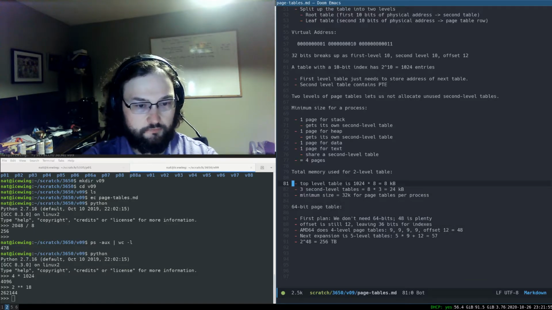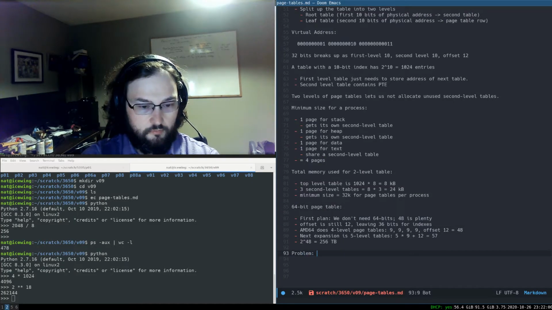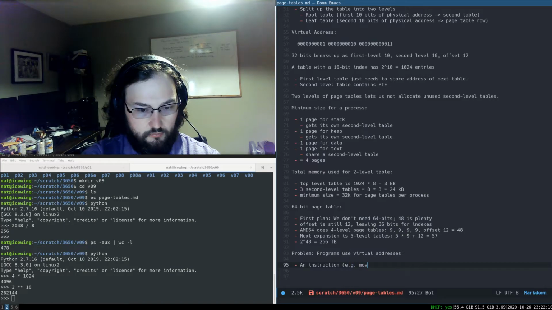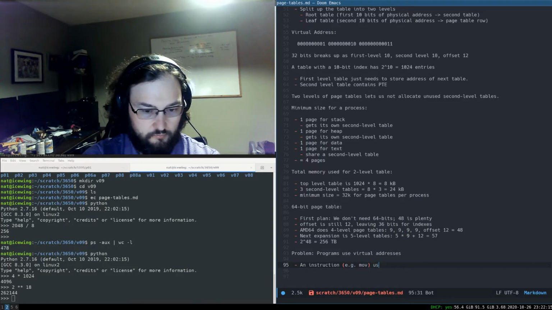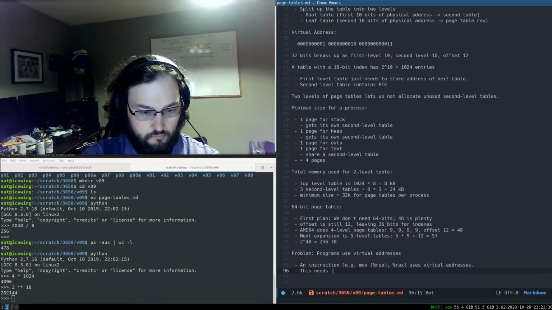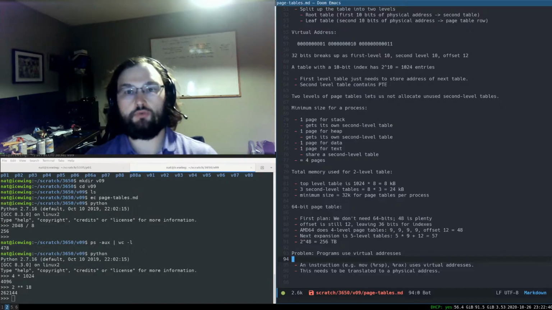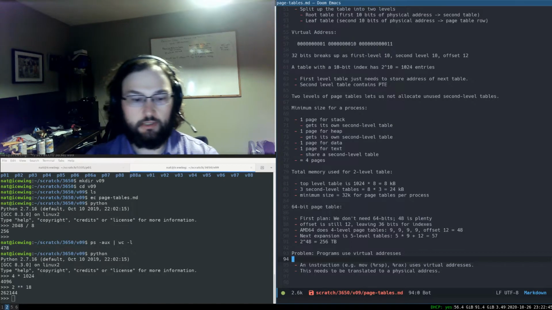So with two-level page tables, if we want to do a memory access, when we do an instruction that accesses a memory address, we need to translate that virtual address that the program's working in into a physical address to actually send down the memory bus.